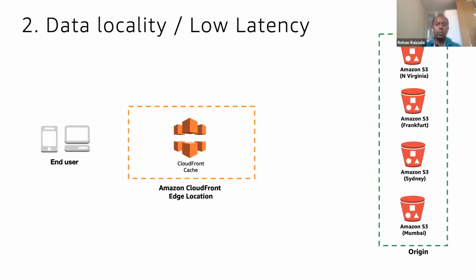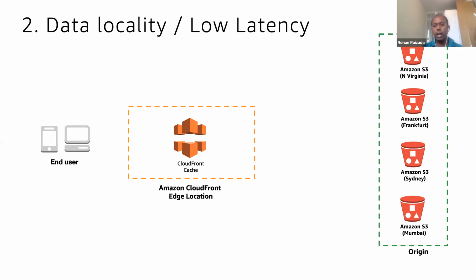The other use case possible with Lambda Edge is around data locality or low latency. Let's say you have multiple buckets in different regions, and you want all users coming in from Germany to only go to the bucket in Frankfurt, right? You might be thinking, why not use it natively with Route 53? You cannot do it with Route 53 because of certain limitations of host headers and S3.